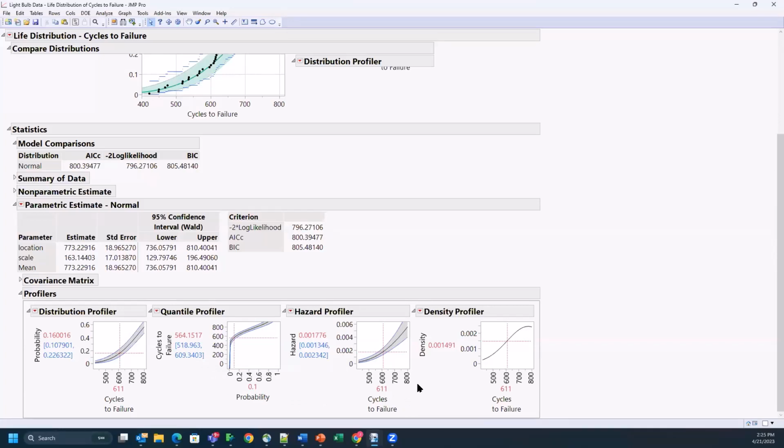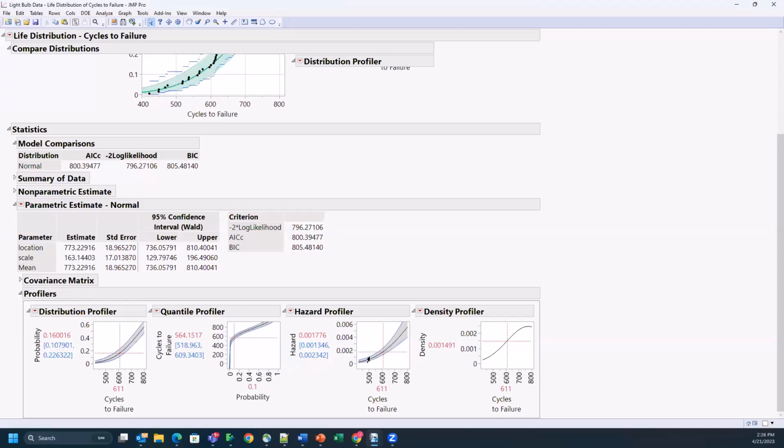The hazard profiler looks at an instantaneous failure rate. What's happening over time with these things? Are they starting out at a slow failure pace and then increasing in that pace of failures over time, which is what we're seeing here, at least up to 800 cycles.